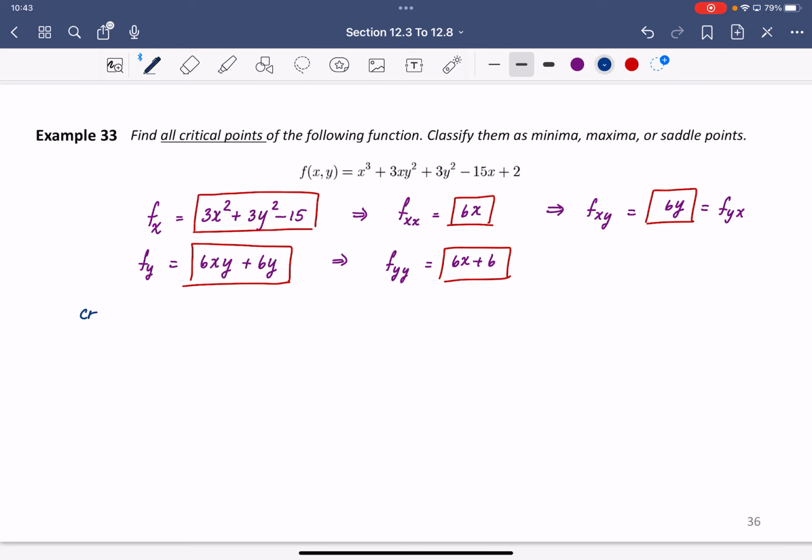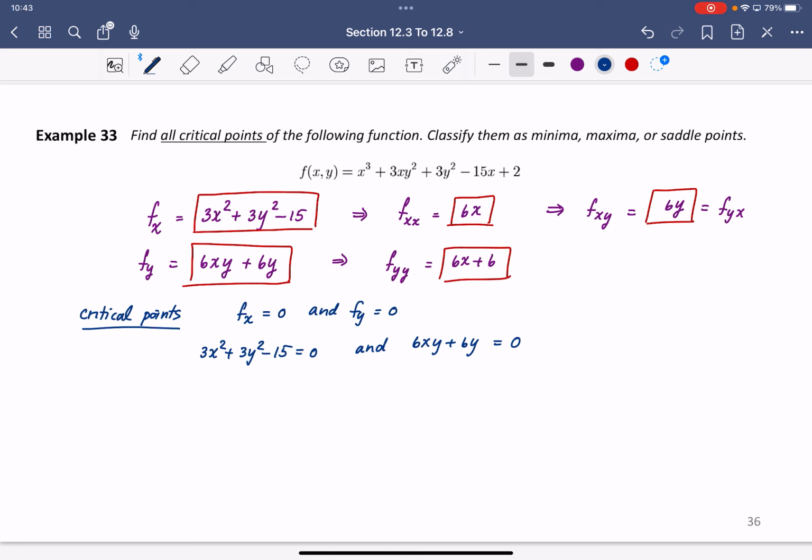Now you need to find critical points. Critical points are the points where you set the first derivatives to be 0. Once you set these equal to 0, you solve for x and y.